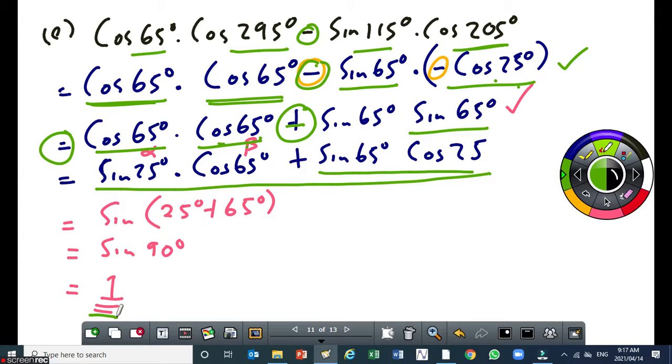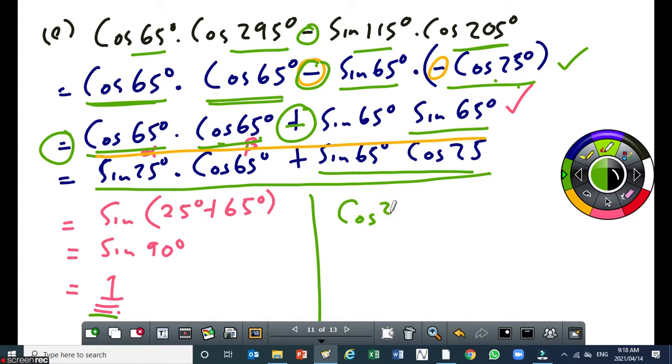Now this is not the only way of doing the question. You could also use the fundamental identity from grade 11 if you don't want to use the compound angle from this step. What do you notice in this step here? I can write that whole expression as cos squared of 65 degrees plus sine squared of 65 degrees, and this will give you 1.